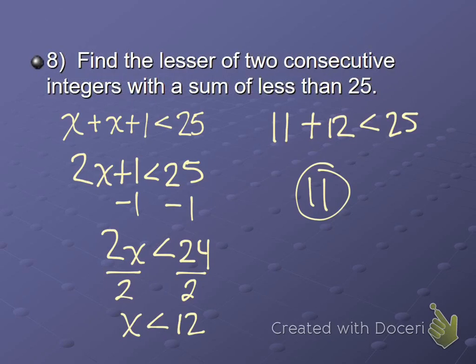Or somebody else said 10. Well, sure. 10 plus, what is 1 more than 10? 11. That is still less than 25 when we add them together. So 10 is also a possible answer. Okay, so really any number less than 12 is going to work.